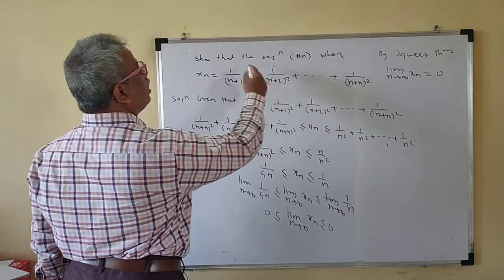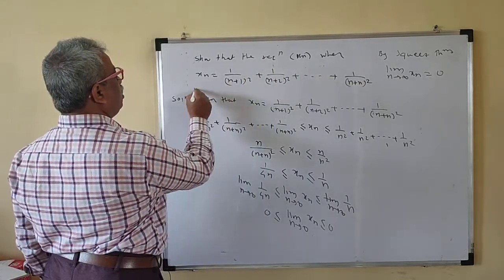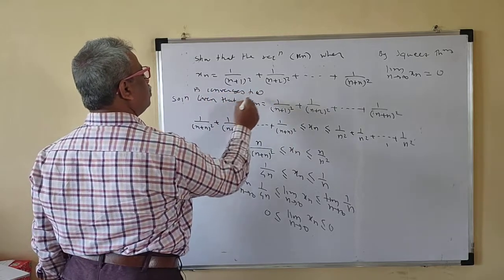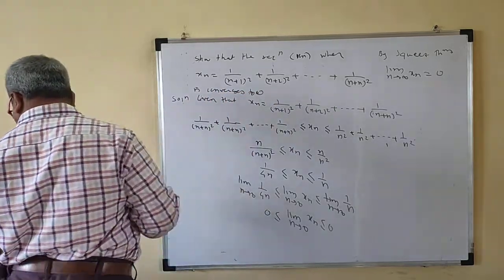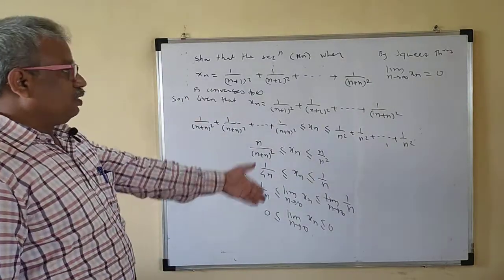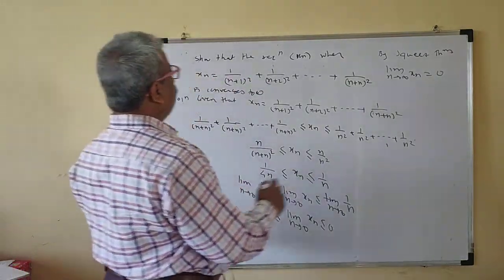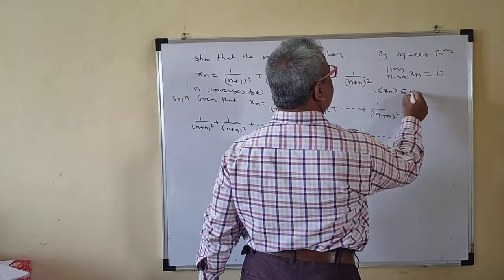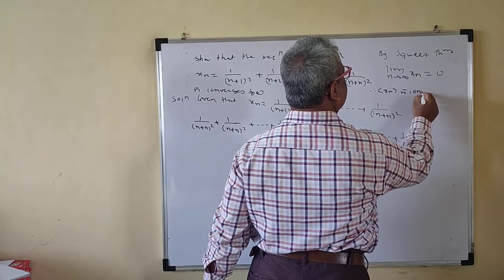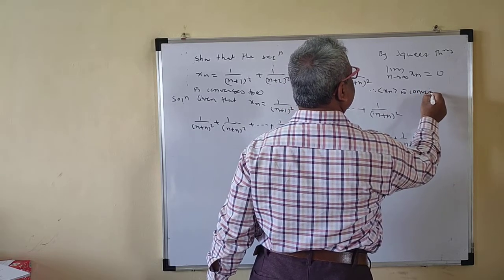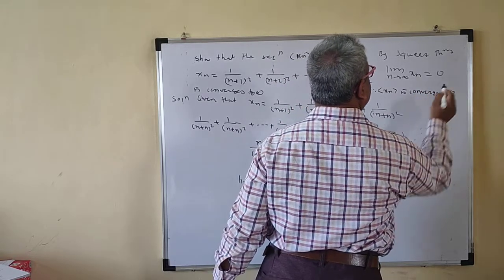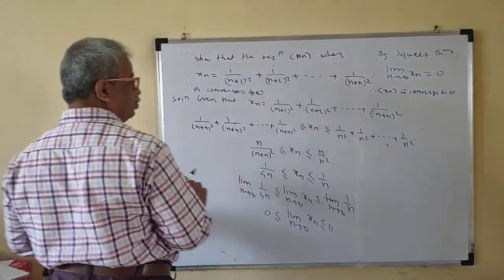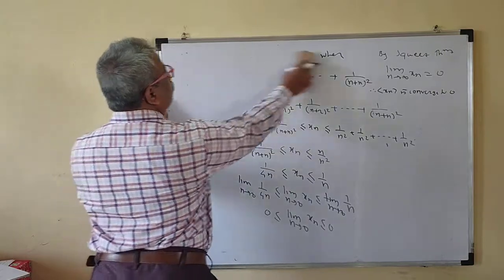So the sequence xn converges to 0, which is what the problem asked.